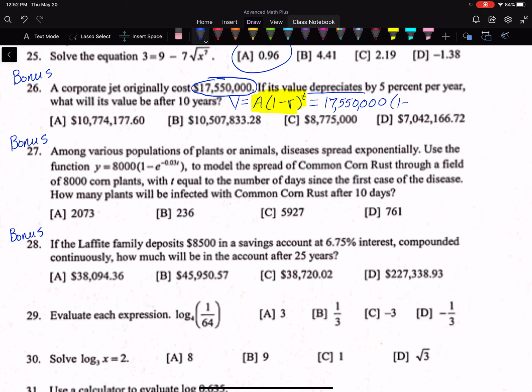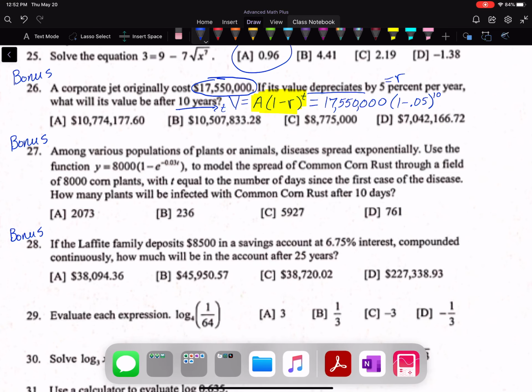So don't put 5, you have to put 0.05. 0.05 is 5% changed to a decimal. And then to the time power. So how much time? 10 years. 10 years is your time. So 5 is R, 10 is T. And basically you do the 10th power, and then you just stick that in your calculator.